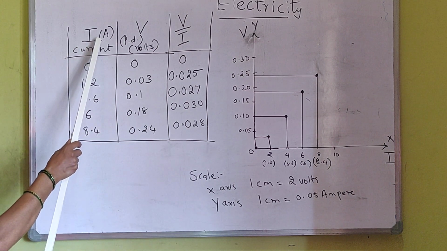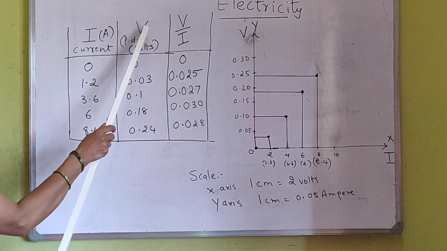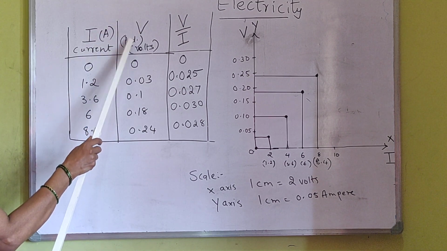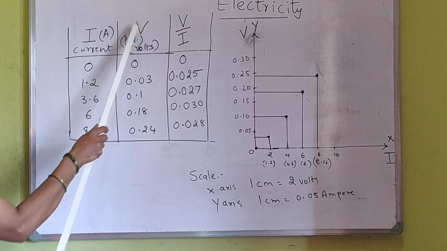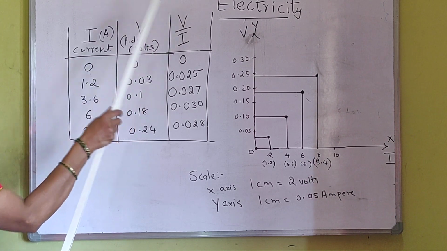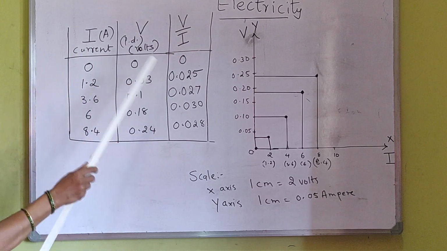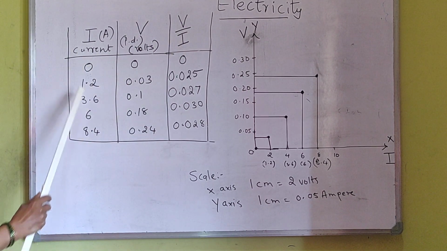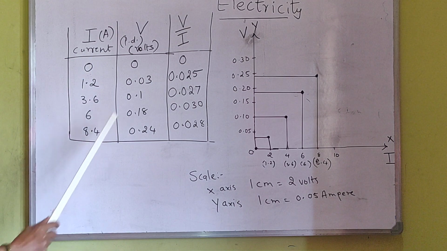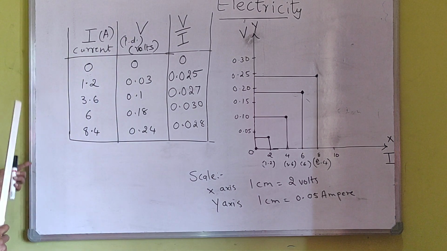This is current, which is represented by I, SI unit is ampere, and volt, which is potential difference, represented by V, measured in volts. And here we are going to see what is the relationship between voltage and current. Already I told you that as the current increases, the voltage also increases, or as voltage increases, the current also increases.